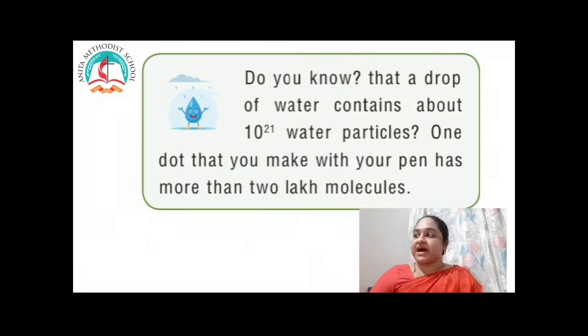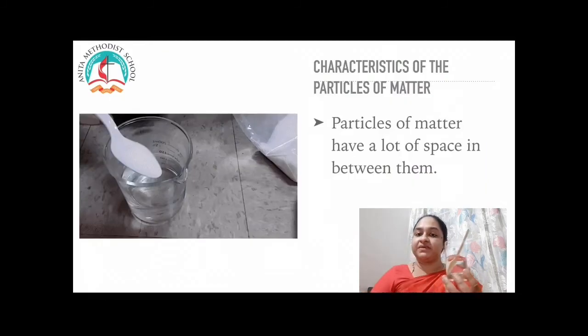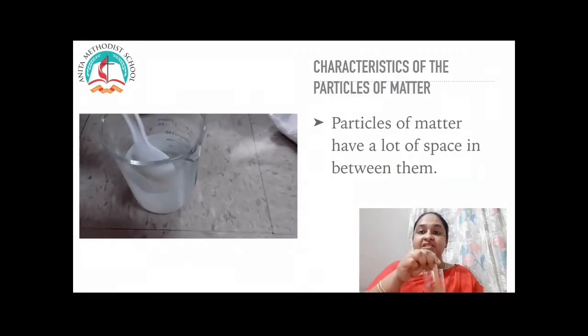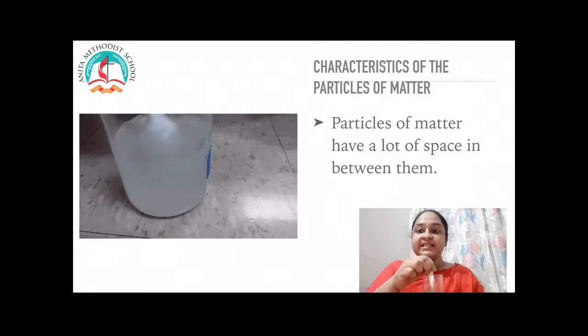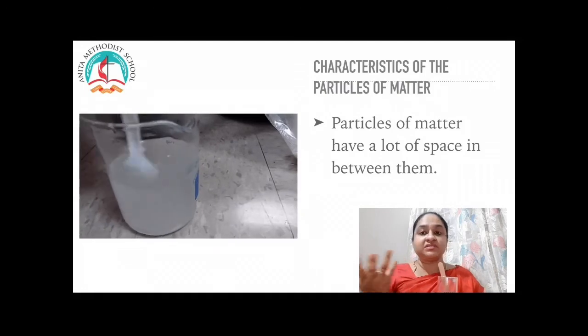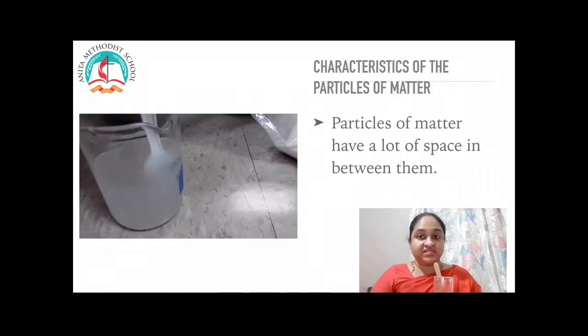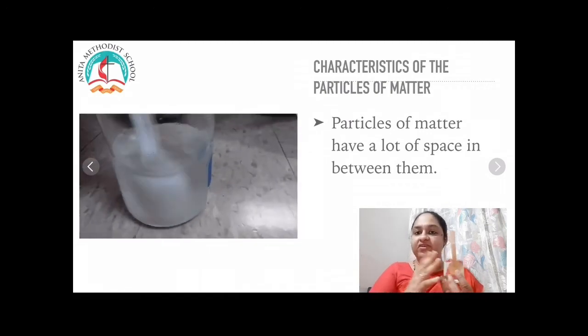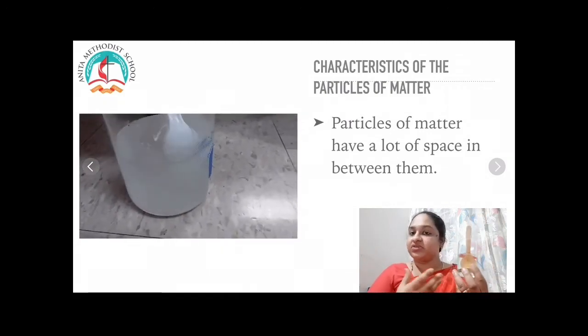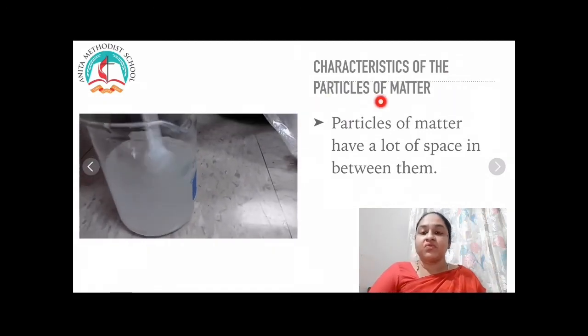Now coming back to the experiment that we did in the beginning of the lesson. We dissolved sugar crystals in the water and we are not able to see the sugar crystals in the water. What does this mean?